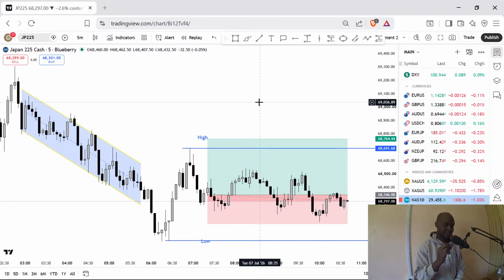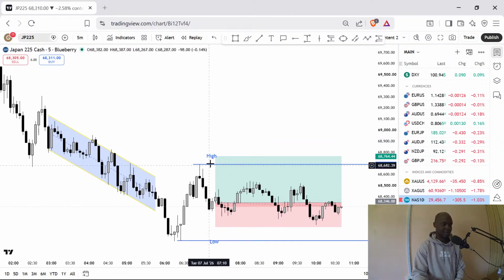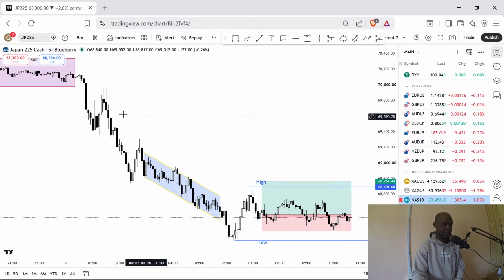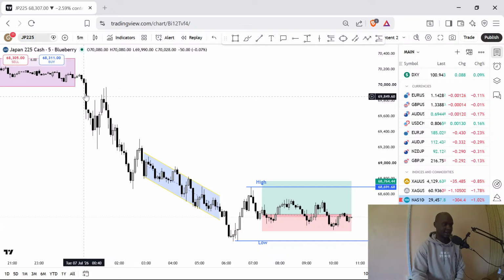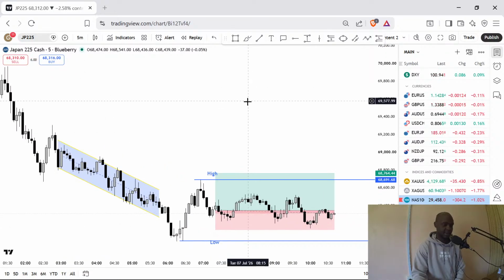We only need 2 strong bullish candles for this trade to start pushing upwards and break this high. And get a candle like this, a strong bullish candle, that will be really ideal.